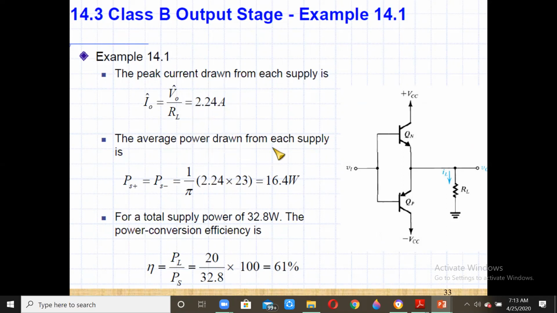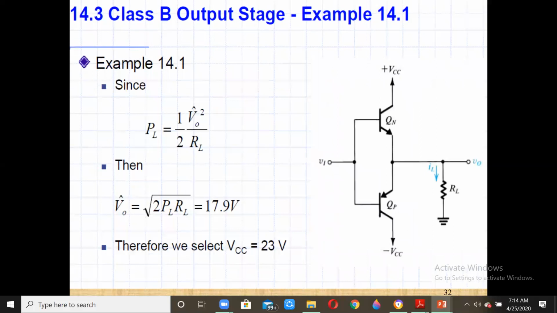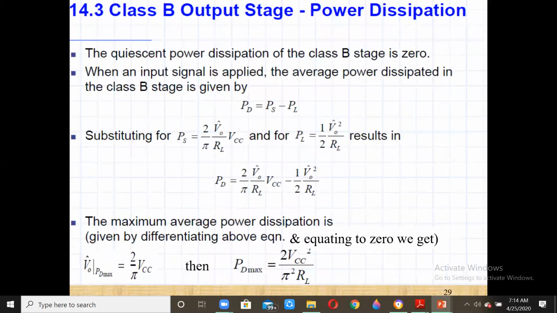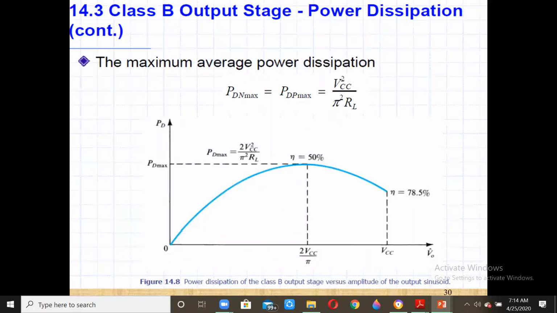The average power drawn from each supply, PS plus equal to PS minus, is equal to 1 by pi times I naught into VCC. You can find it in terms of I naught, or write it in terms of the total power, also from the formula written here.